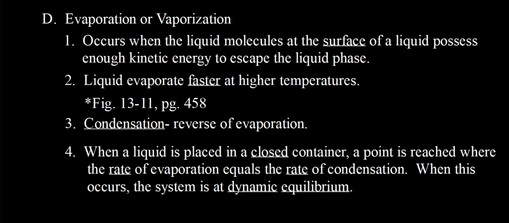The molecules in the middle of a liquid are surrounded by other molecules, whereas the molecules on the surface are only held by the molecules next to them and below them. Because of this, the molecules on the surface are able to move around more easily. And if they get moving fast enough, they can break free of their attractive forces.